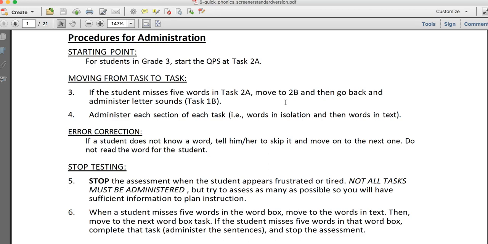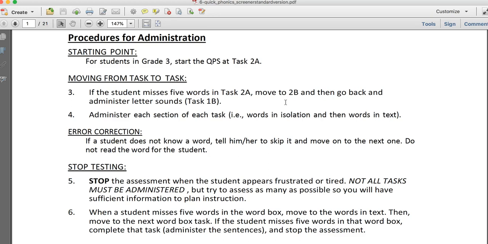So there is always a words in isolation and then a words in text. Even if they miss too many words in isolation, you will always still do the next part, the words in text, because we all know that we have those kiddos that can identify those words in text and have great difficulty with that in isolation.